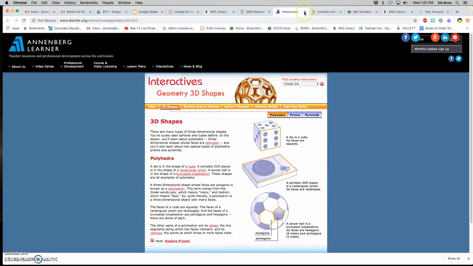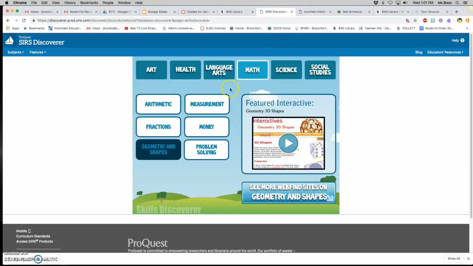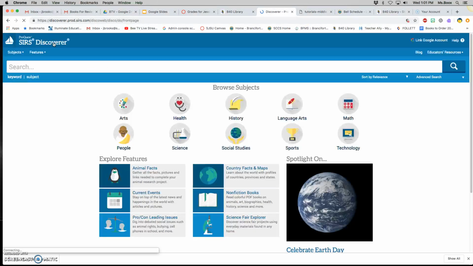And they go beyond SIRS Discoverer, as you can see. So these are just a few of the resources available in the Educators Resources from SIRS Discoverer, and I hope you enjoy playing with them.